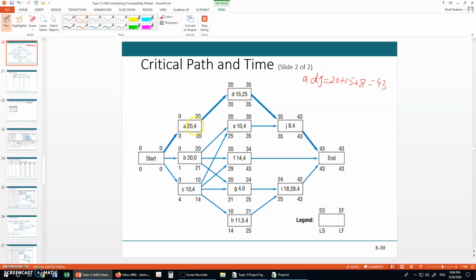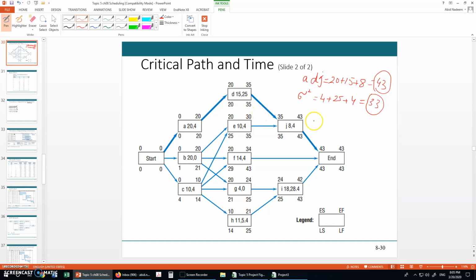And over here, these are the variances, sigma squares: 4 plus 25 plus 4, so it is 33. Remember these two values. The duration of this network depends on this critical path.